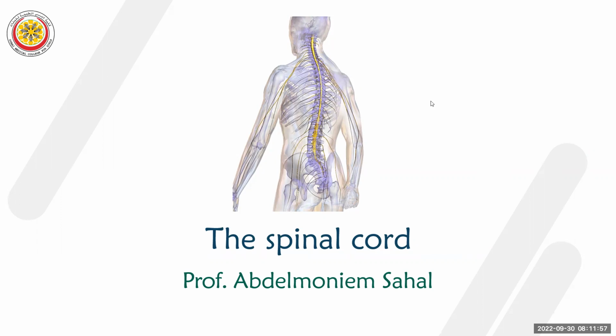We want to discuss the things that are common in the first few minutes. Yesterday, we started classifying white matter and gray matter, and we said gray matter elements include ganglia outside the central nervous system, but they include nuclei, and they include centers.